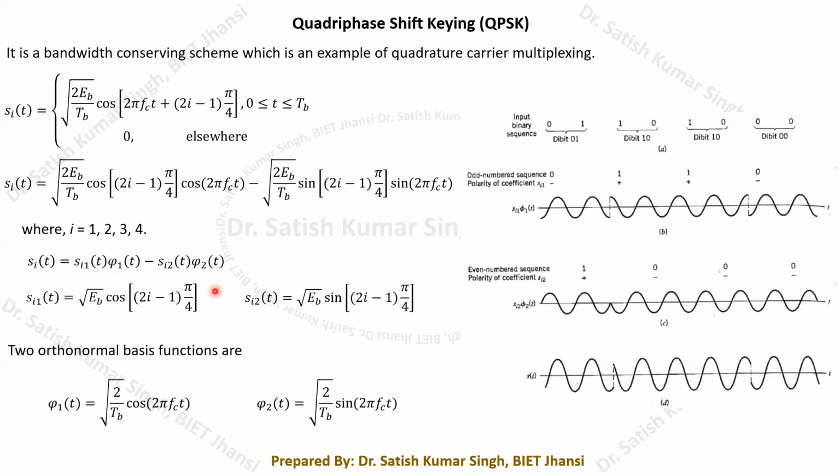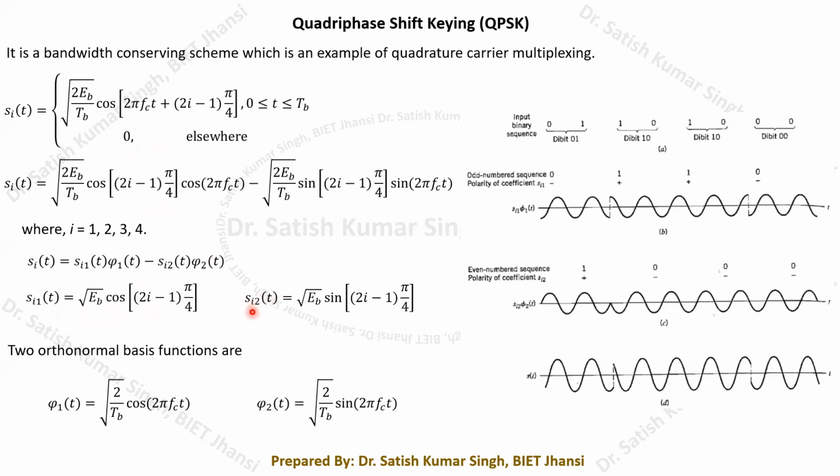So what is Si1(t) that we have defined in this expression? Our Si1(t) will be root over EB, and then this function cos of (2i minus 1) pi by 4. So this is our Si1(t).